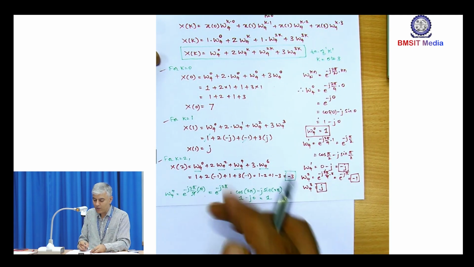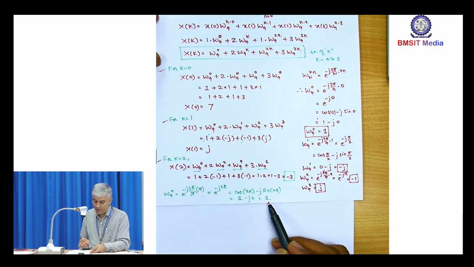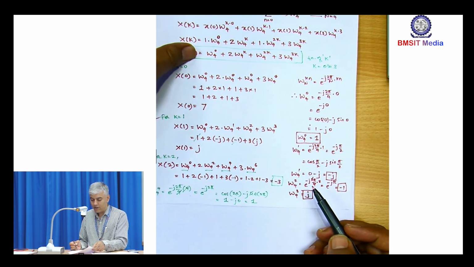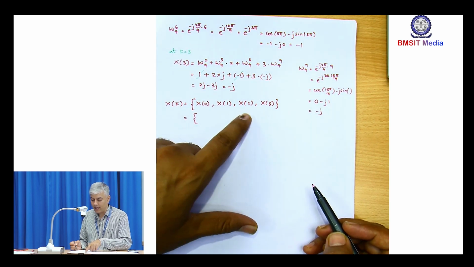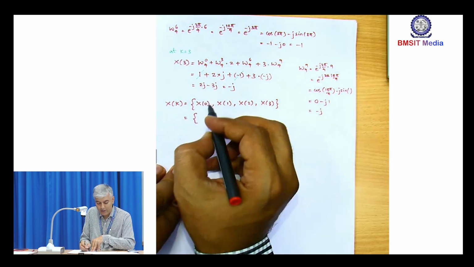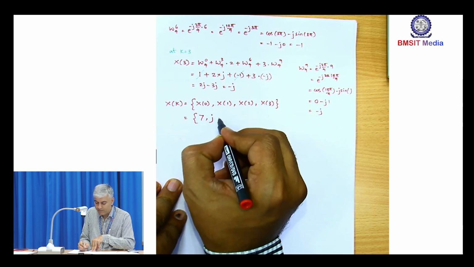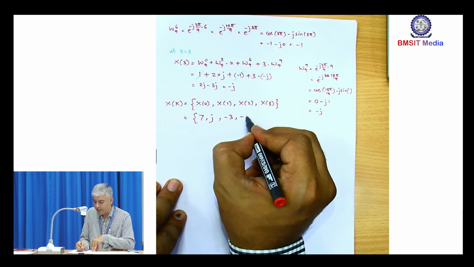So x of 0 is 7, x of 1 is j, x of 2 is minus 3, and x of 3 is minus j. So we will write each of these values: 7, j, minus 3, minus j.